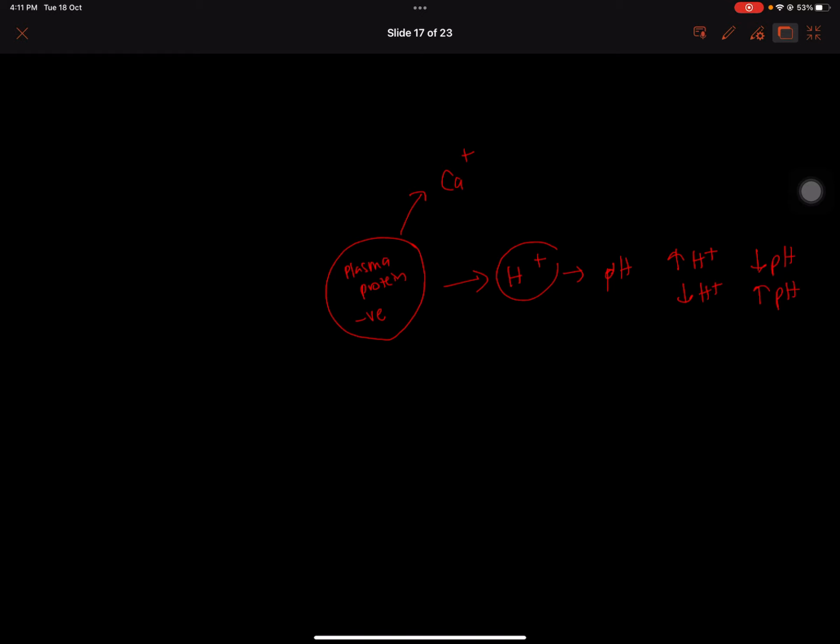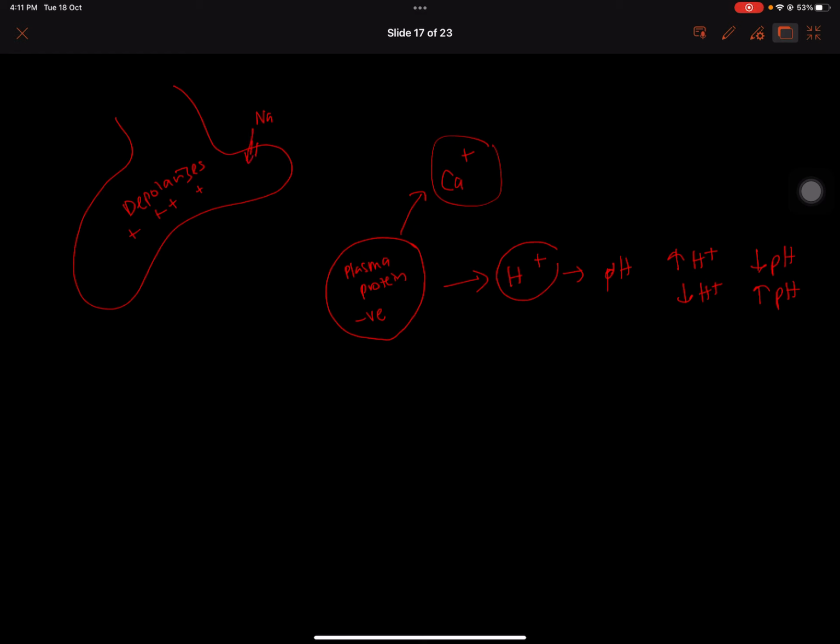Now let's have a look at the role of the calcium first. Now in the presynaptic bulb, the synaptic end bulb, for it to allow the calcium to go in, it first needs to depolarize. Okay, it needs to depolarize, meaning that it will become less negative, and that is when the sodium needs to go in.